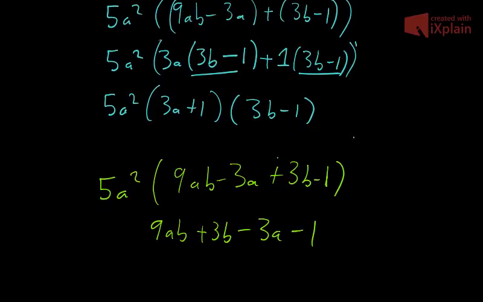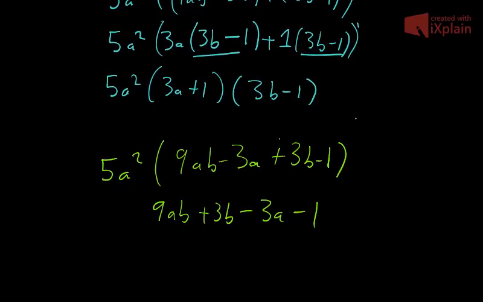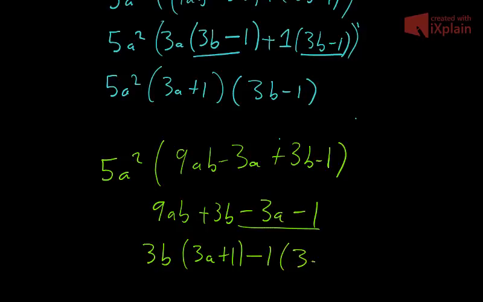So now what I can do is take out a 3b from this first one, 3b times what I have left, which is going to be 3a plus 1, and I can take out negative 1 from both of these terms, so I'd have minus 1 times 3a plus 1.